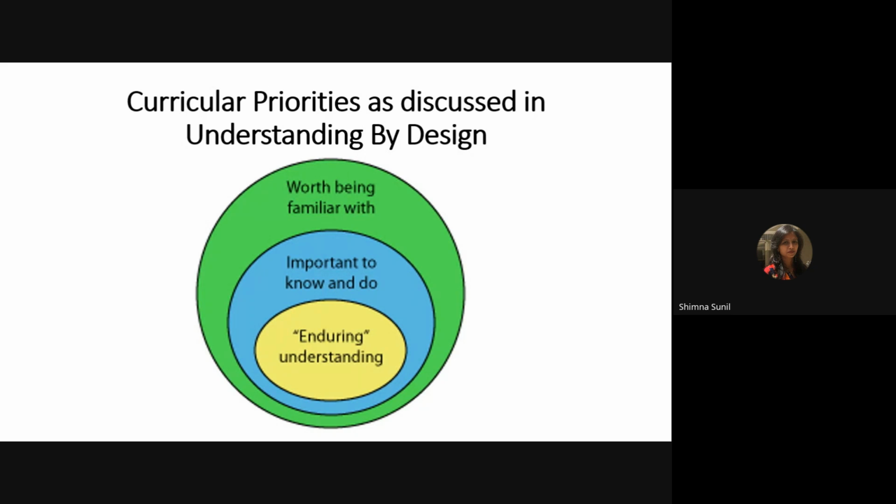Just do this quick exercise for your understanding, because the more we do it, the better we understand it. If you talk about fractions, what is your enduring understanding that you wish your child to carry? What is important for the child to know and to do, and what is necessary for the child to be familiar with?